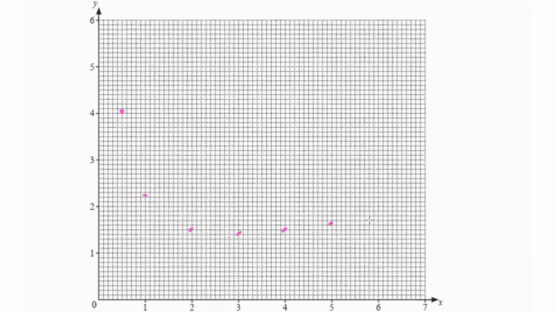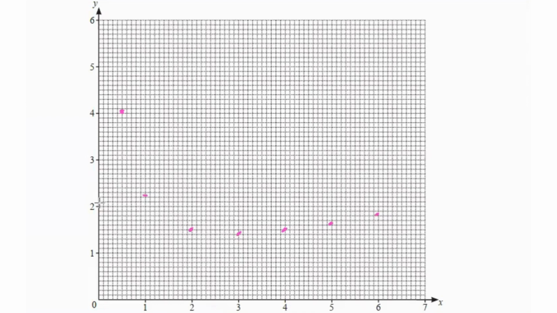Six and 1.83. God, it's going to take ages to finish this graph. 1.83 is going to be here, and lastly 7 and 2.25.